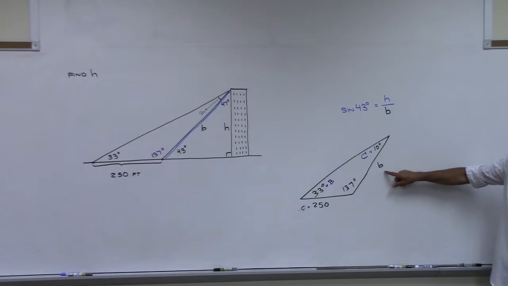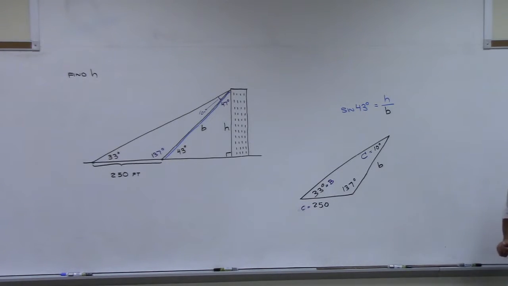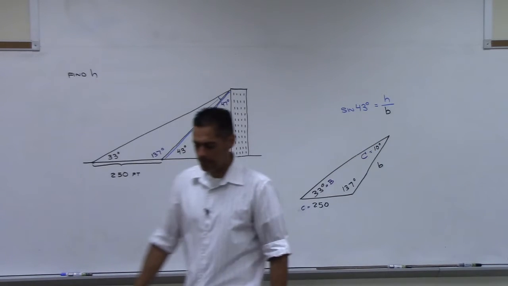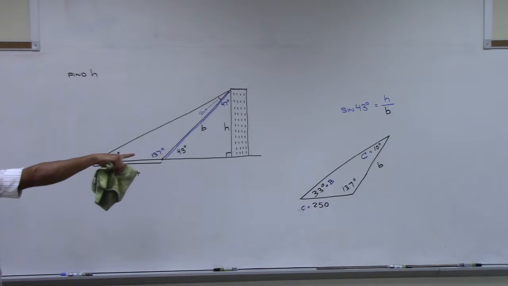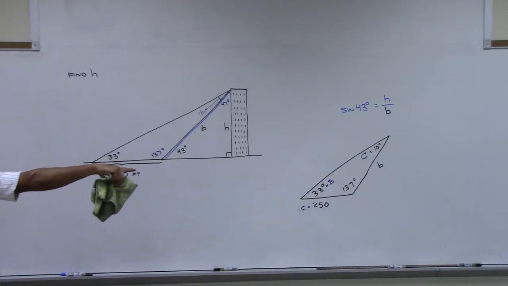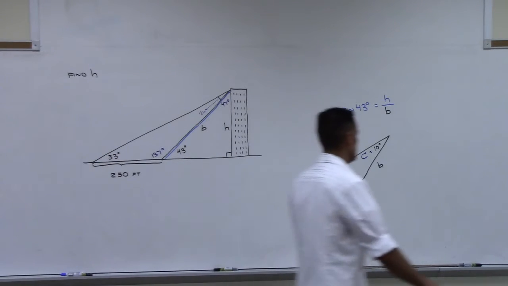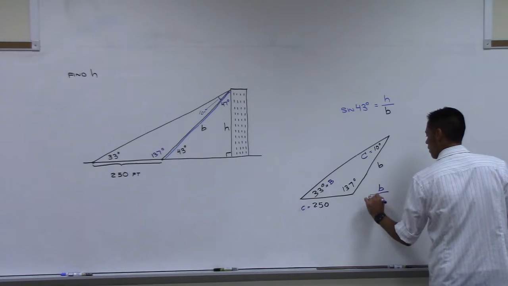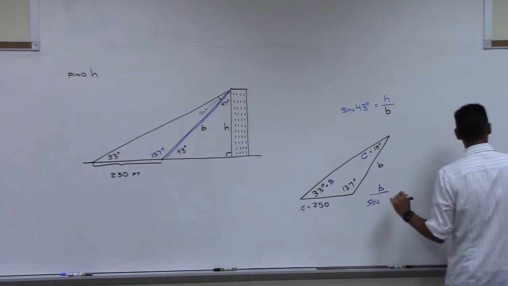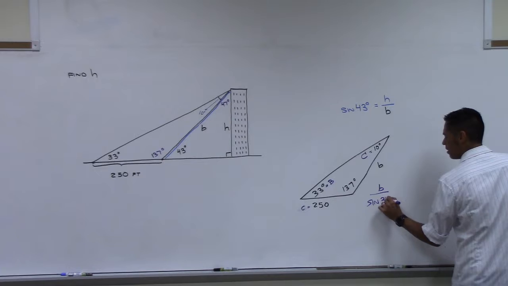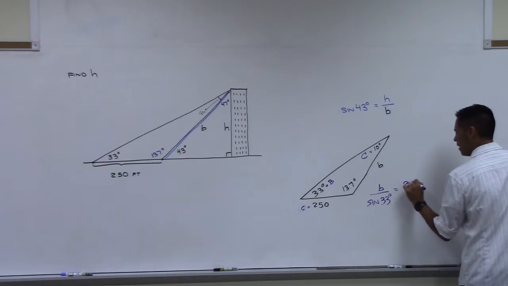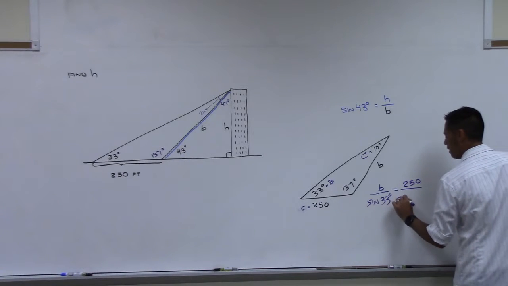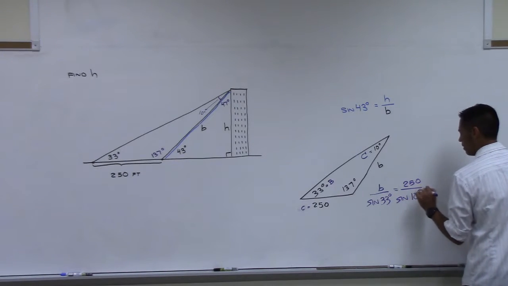So can you get little b? Yes. What am I going to use to get little b? Yep. So what is the equation I'm going to use? Little b over sine B equals little c over sine C. So from this, I have little b over sine of big B, which is 33 degrees, must equal little c, which is 250, over sine of 10 degrees.